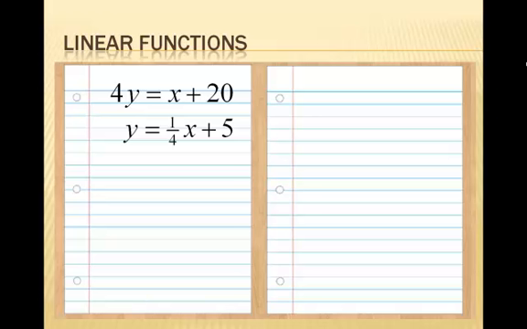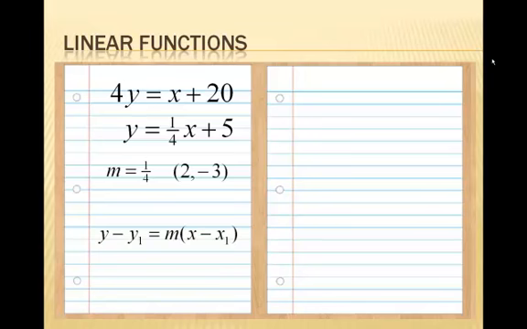Now when it's written in this form, I can see that its slope is 1/4. That's excellent information, because the line that I'm trying to build is parallel, which means it's going to have the same slope. So I'm going to use that 1/4 as my slope, and I'm going to use the given point. With those two bits of information, I'm going to build my line using point-slope form.